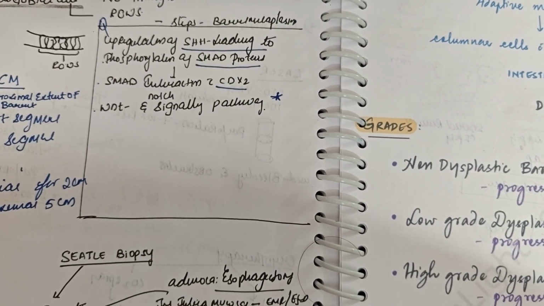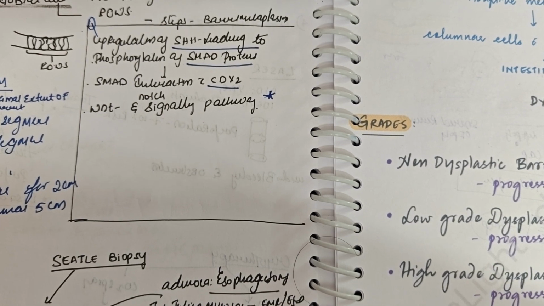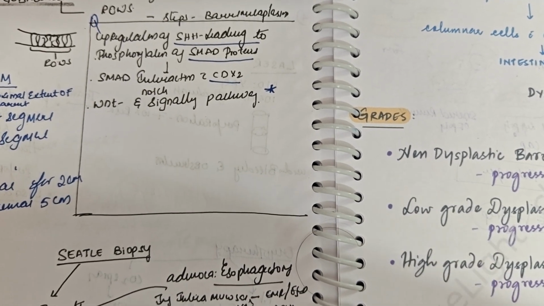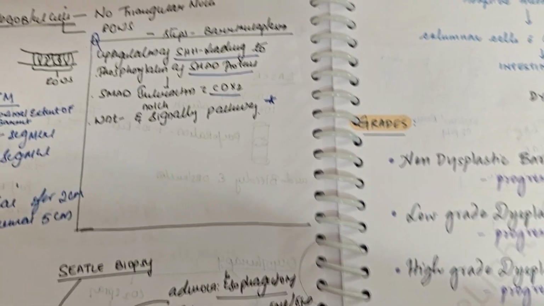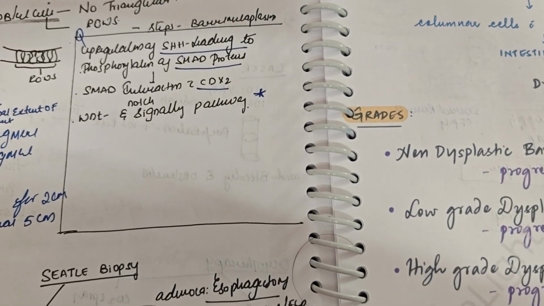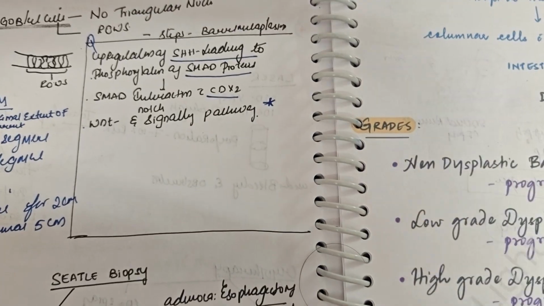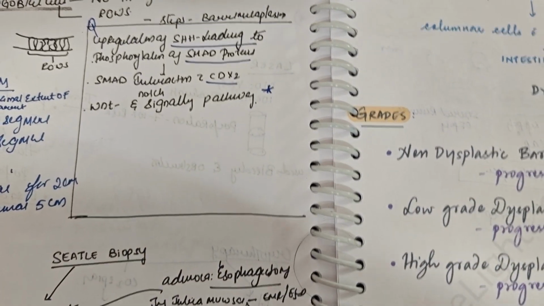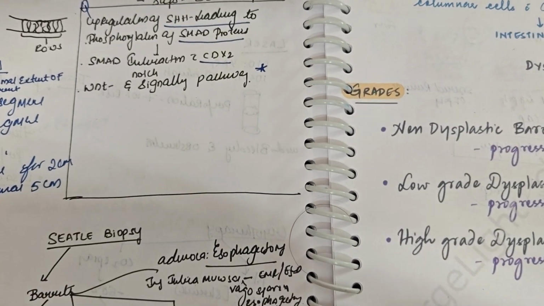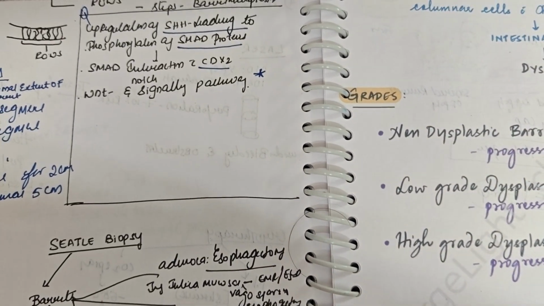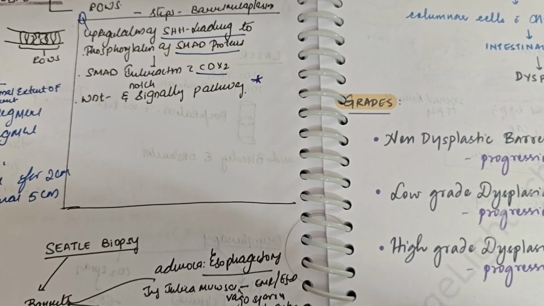Now this SMAD interacts with CDX2. In Barrett's esophagus we have the WNT-Notch signaling pathway. Because of this WNT-Notch signaling pathway, you get Barrett's esophagus.